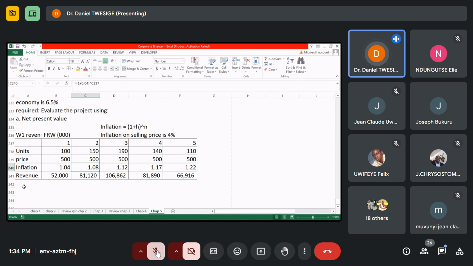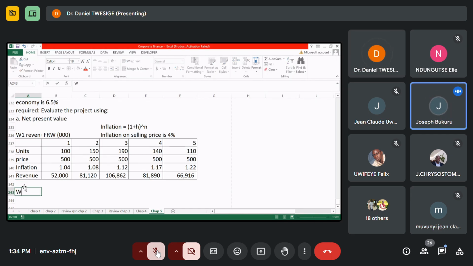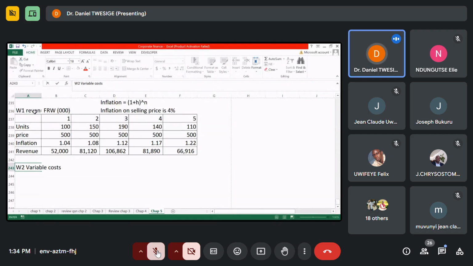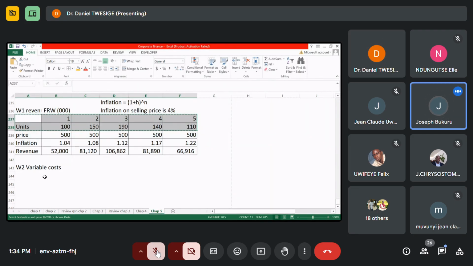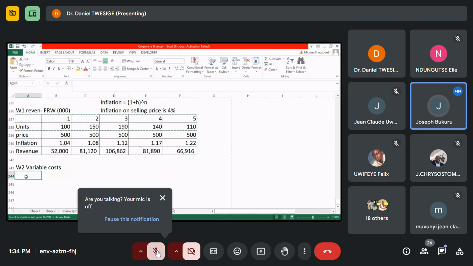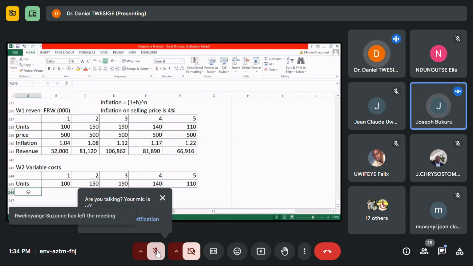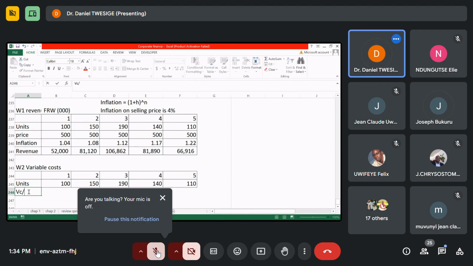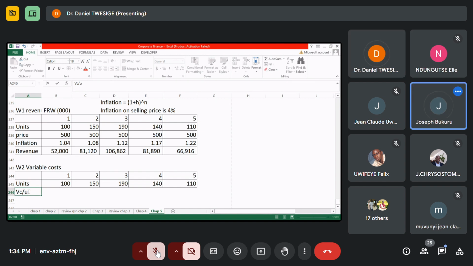Then working 2 is variable cost. Now for our variable costs, still I'm going to copy this. And I'm going to take my variable cost per unit, which is 200.